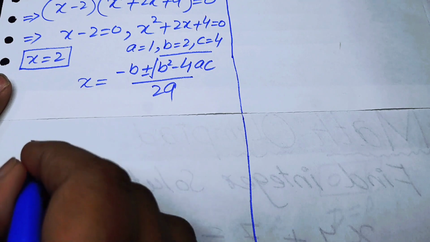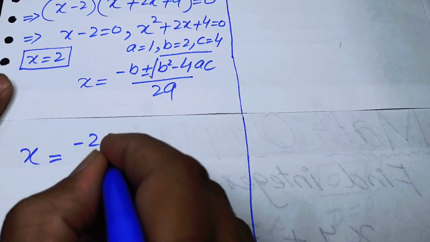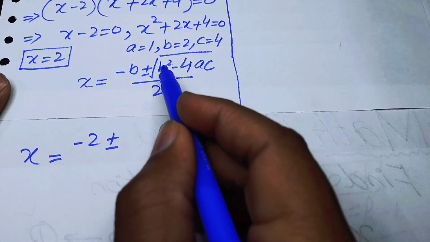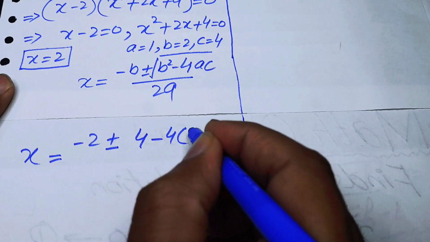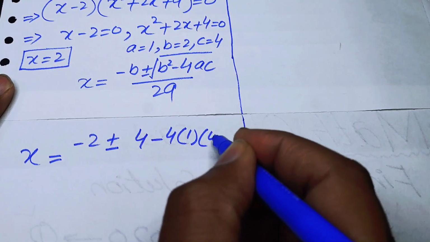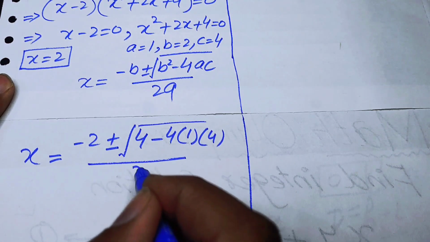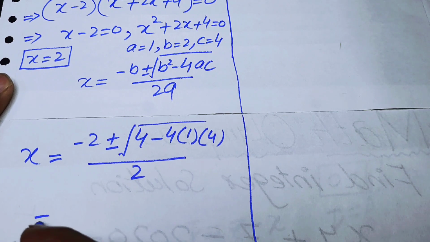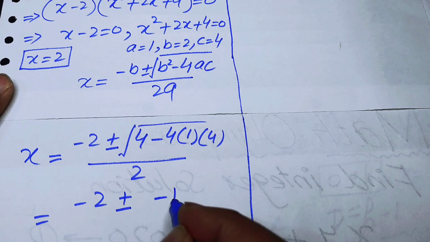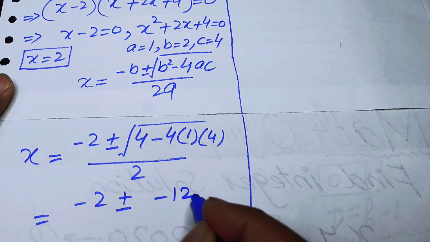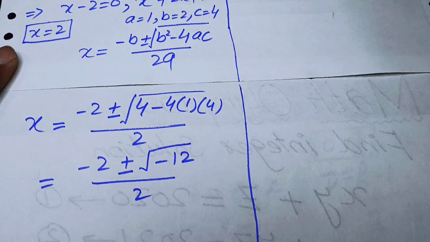You will get minus 2 plus minus square root of 2 squared, which is 4, minus 4 times 1 times 4, over 2. So now you can simplify and you will get minus 2 plus minus square root of minus 12, over 2.